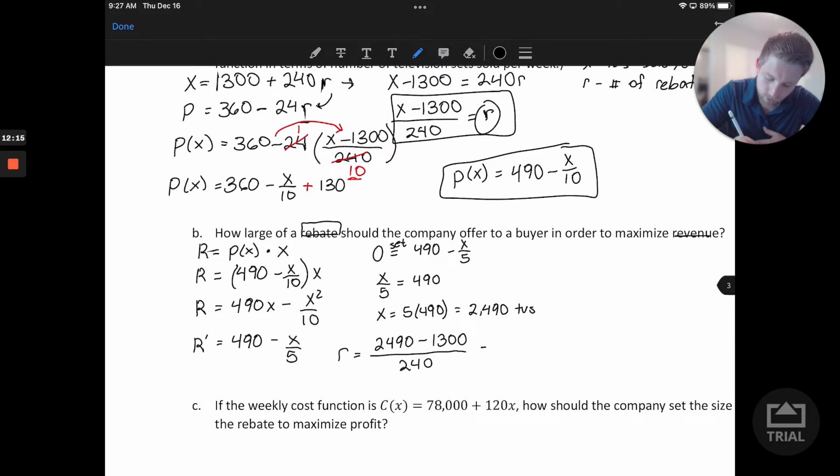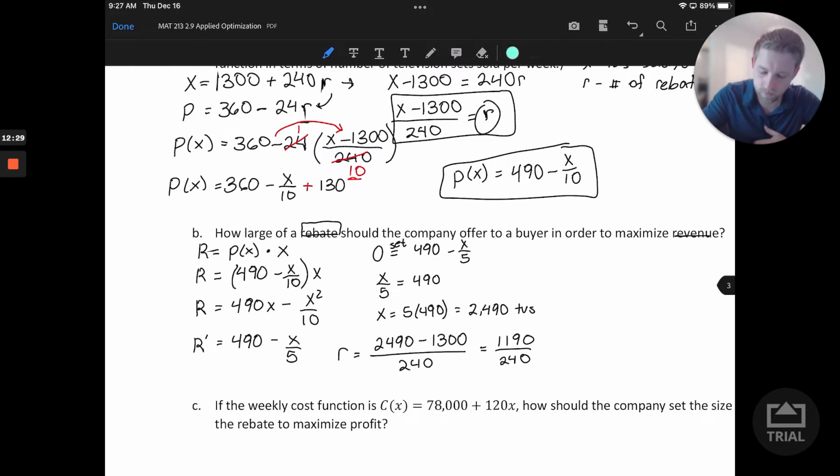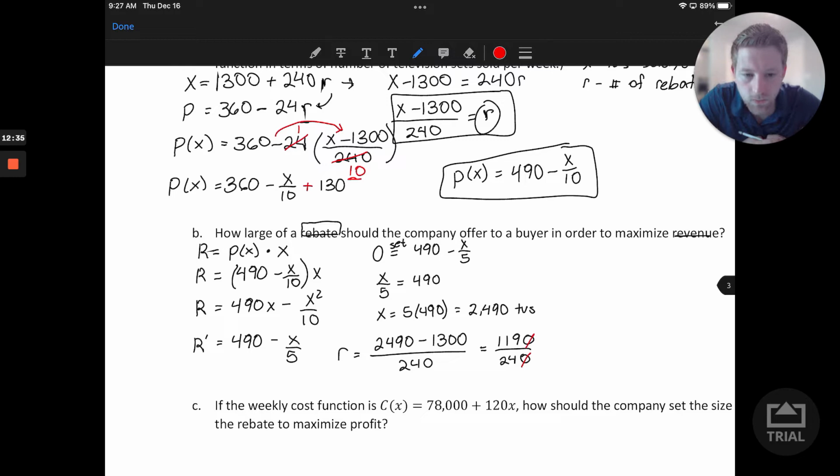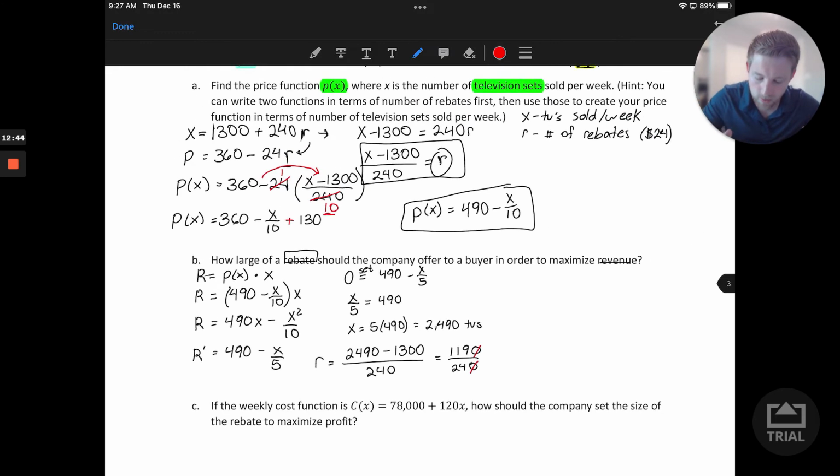If I do a little bit of work in the numerator here, we'll have 1,190 divided by 240. We can cancel out the zeros there to reduce down to 119 over 24. I'm going to stop here and just consider, well, if this is the number of rebates, remember this R is the number of rebates. It wants how large of a rebate in dollars, how large of a rebate. Recall that each rebate was $24 in size, each rebate.